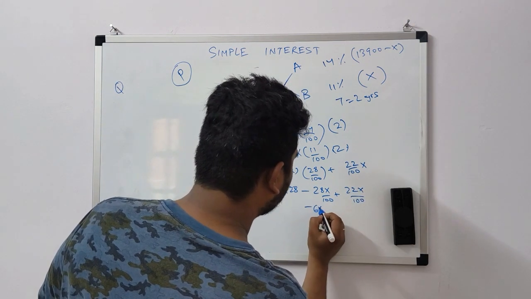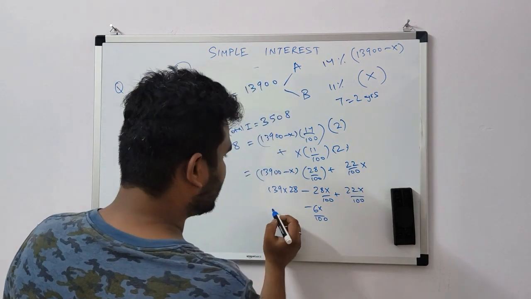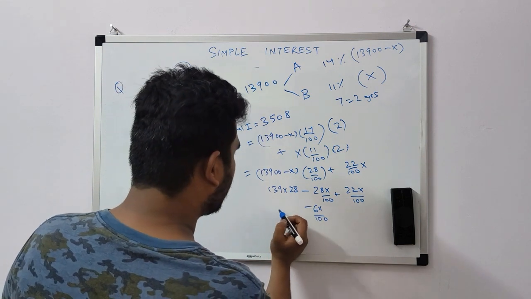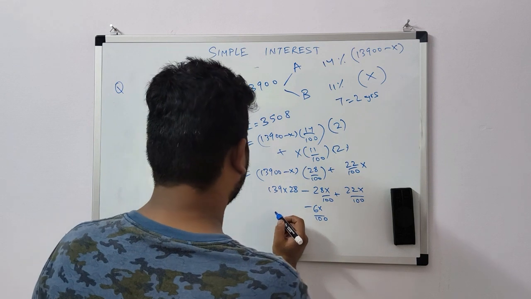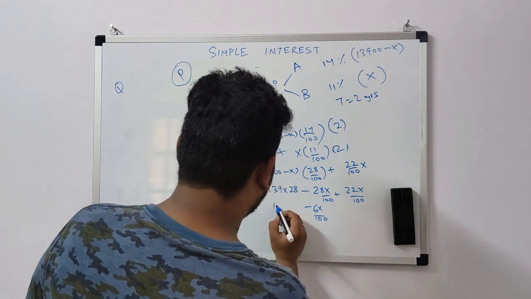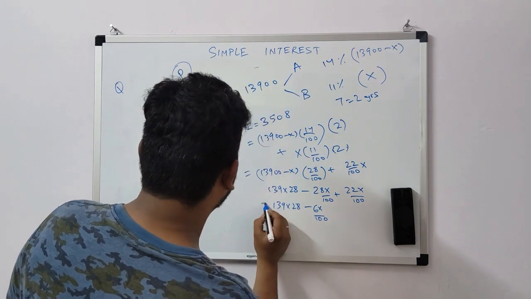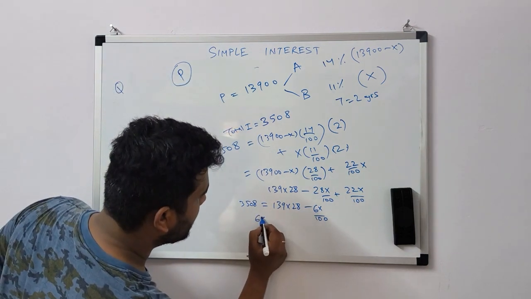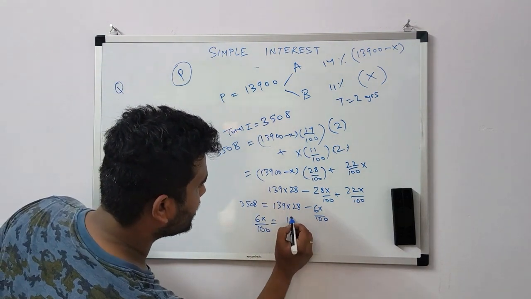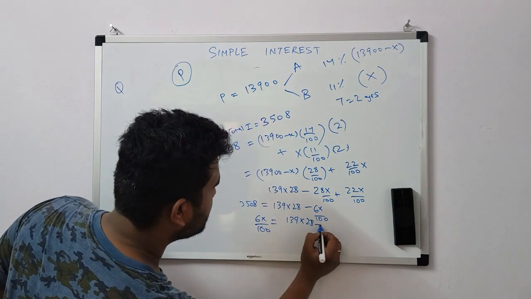This will become minus 6x upon 100, and this let's not calculate for now, but if we need to, we will. So I think we should not keep it like this, and this is 3508. So 6x will come here and this will stay here.